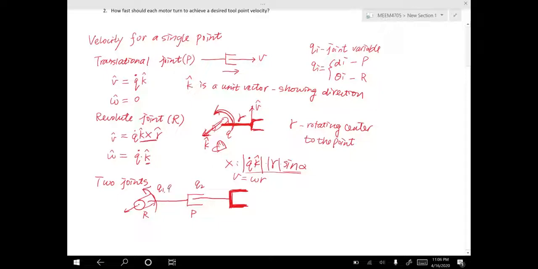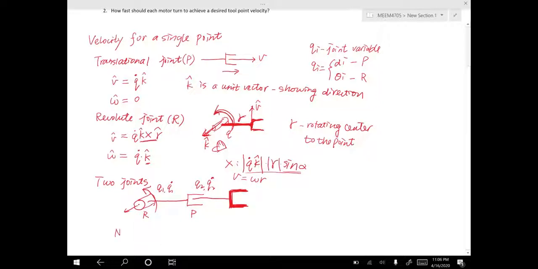That is q1 dot. And what is the velocity of the prismatic joint? That is q2 dot. Again, q1 and q2 mean position, and q1 dot and q2 dot mean velocity. So now the tool-point velocity components are a function of joint variable and position.